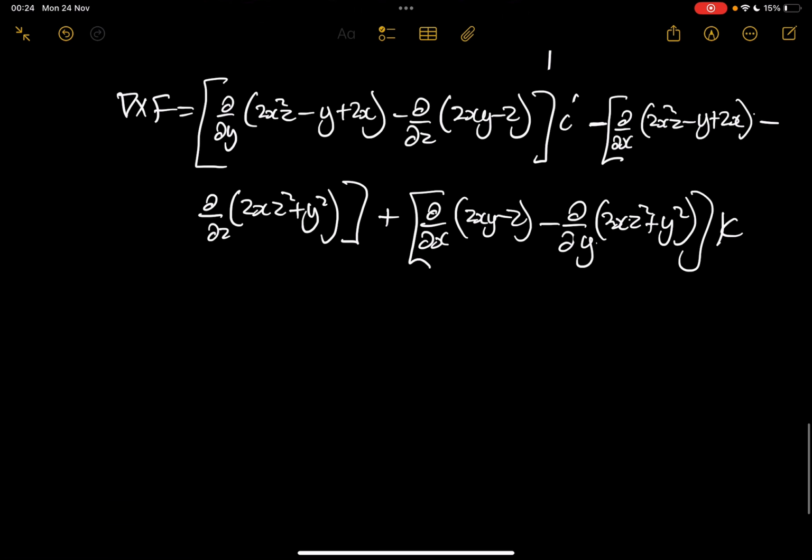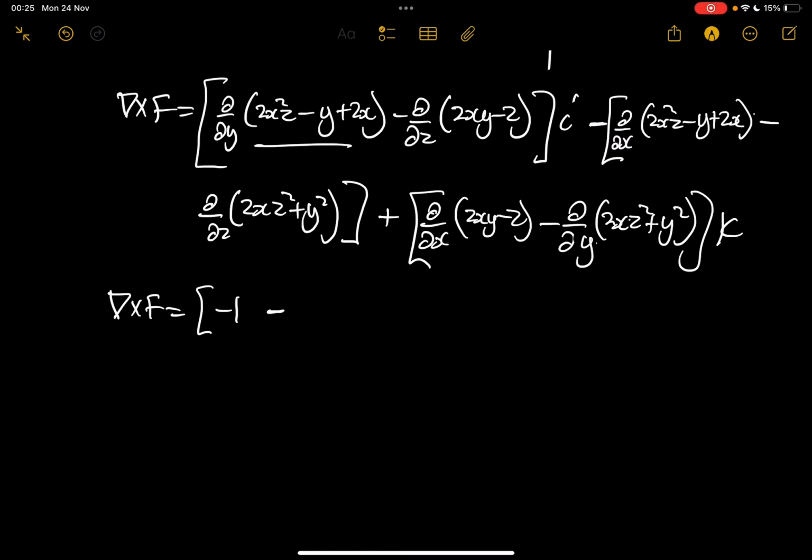So let's evaluate this. Let's differentiate this with respect to y, where z and x are constant. Differentiating that with respect to y, we get a minus 1 here.